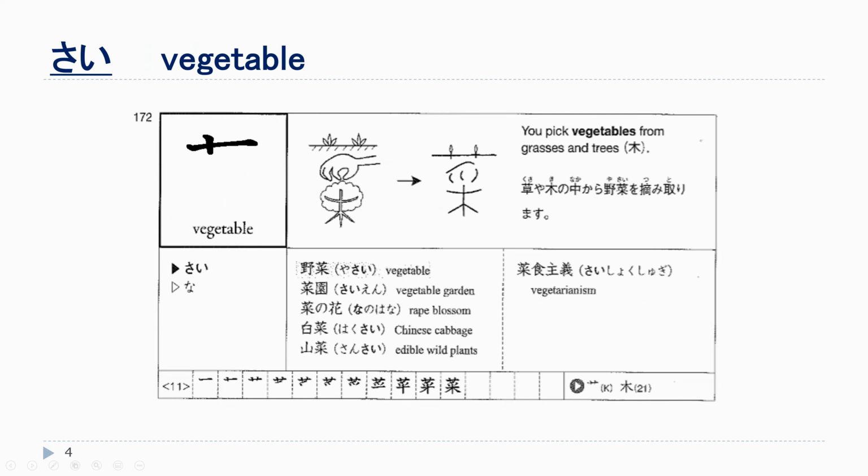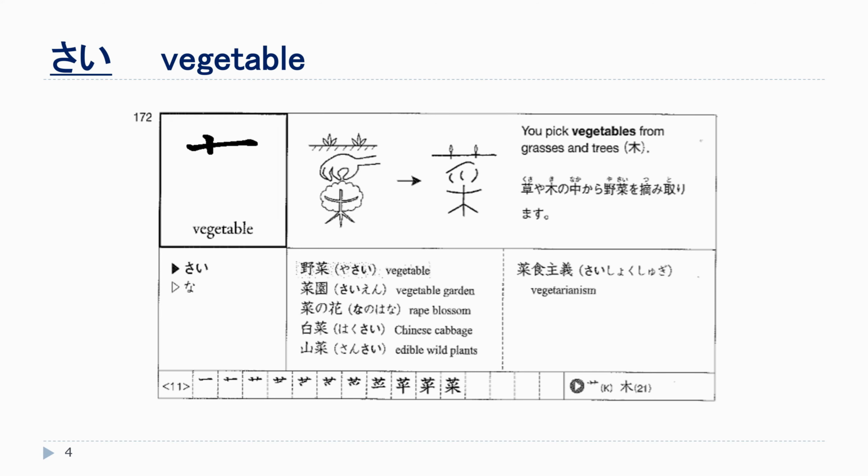Our next kanji is the sai that appears in yasai. It's also in words like saien and hakusai. So once again, we start with that plant radical. 1, 2, 3, 4, 5, 6, 7, 8, 9, 10, 11.